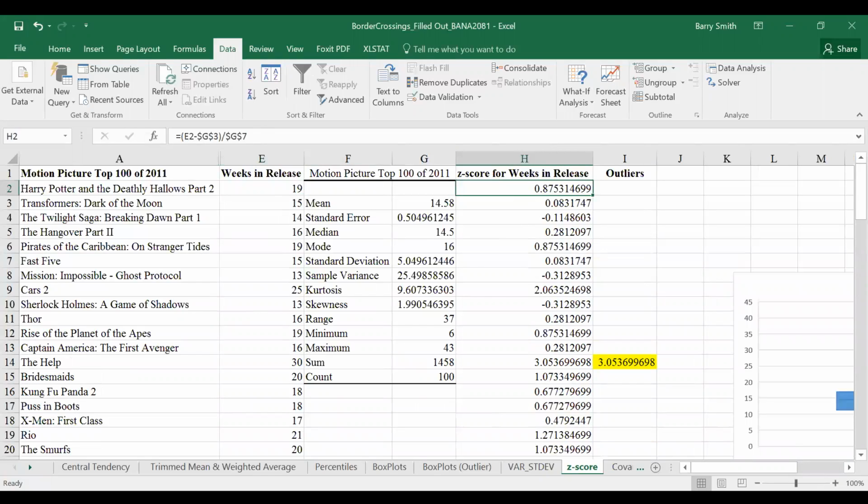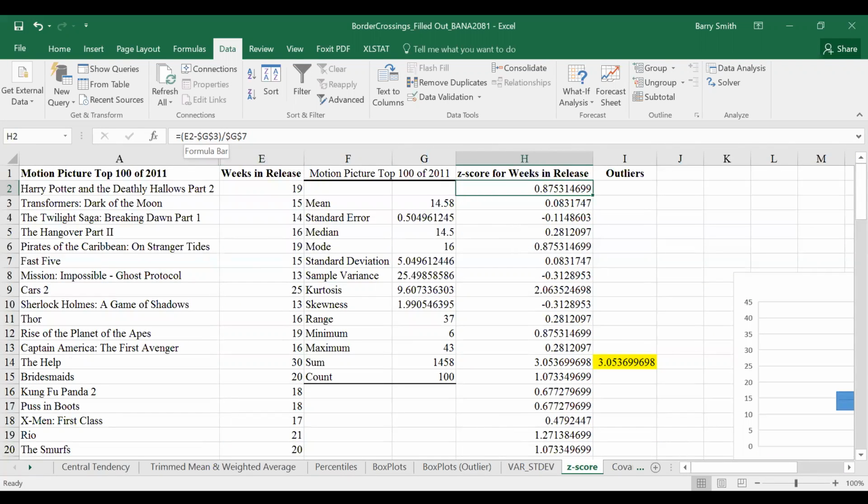All we're going to do is take E2 in this case, which is the data value, minus G3. Well, G3 is the mean, okay? So that's what is important. And we're going to divide that by the standard deviation, which is right here, G7. So E2 minus G3 divided by G7.